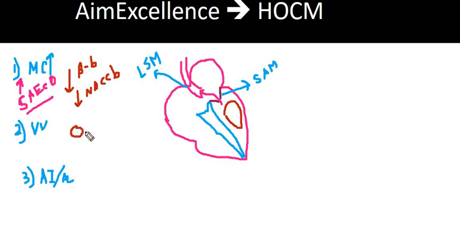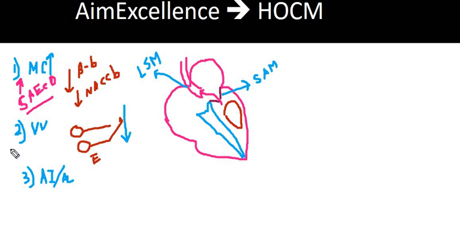Number 1, the supine position. Number 2, passive leg raise. Number 3, expansion of the blood volume. These are going to decrease the intensity of the murmur.